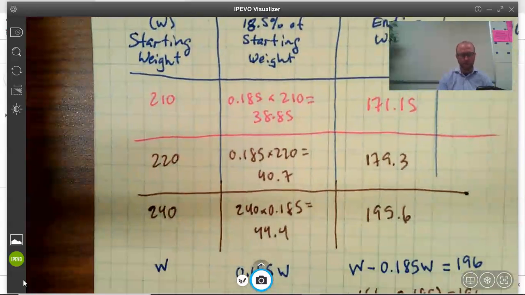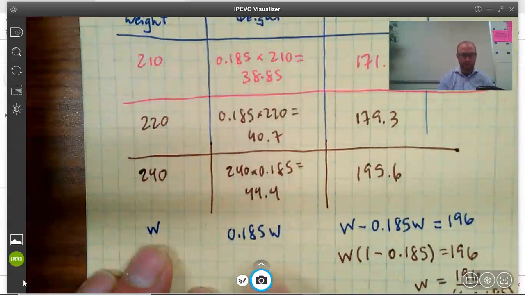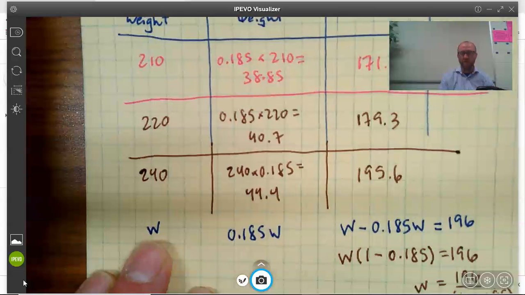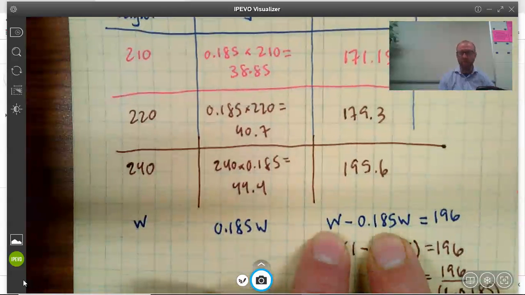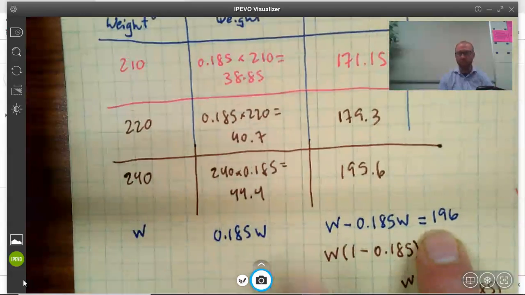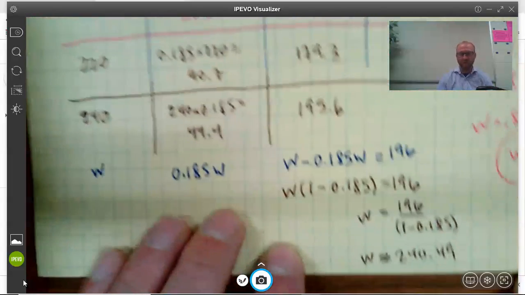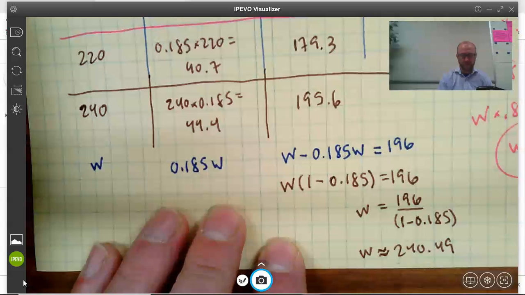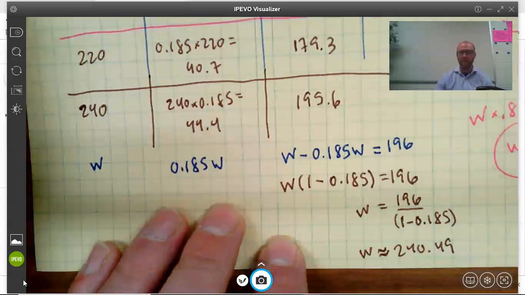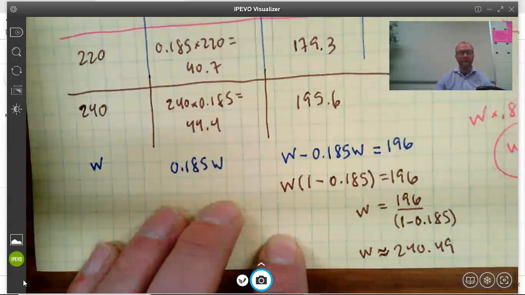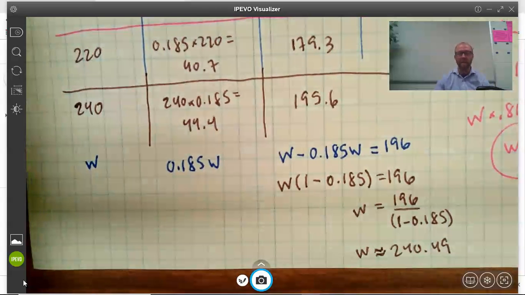But we're not really close enough, so we want to come up with a formula. Our starting weight minus 0.185 times that starting weight should equal 196. Then we just work through solving that equation to get 240.49 pounds, a number we would probably never get with guess and check, or if we did, it would take forever.